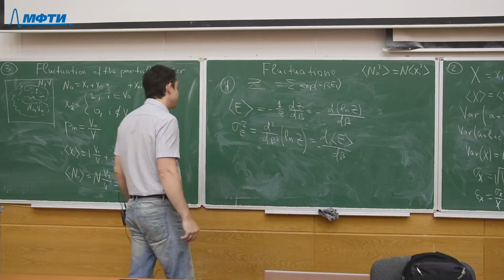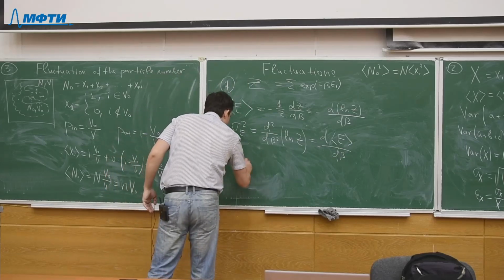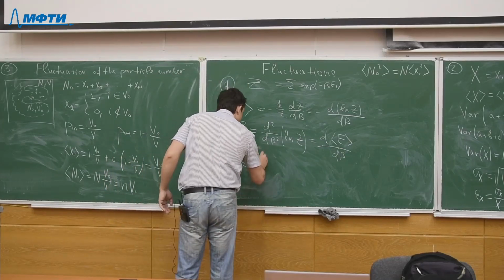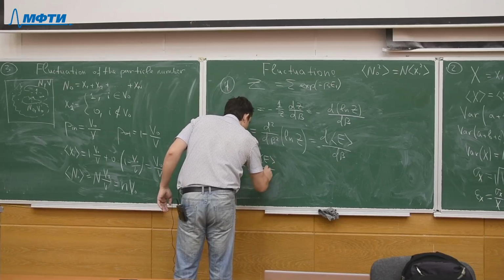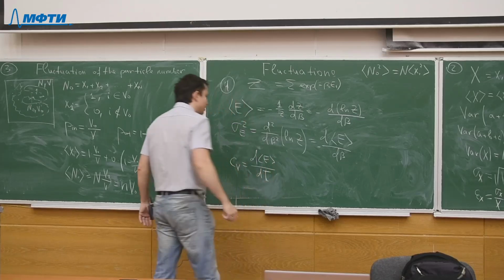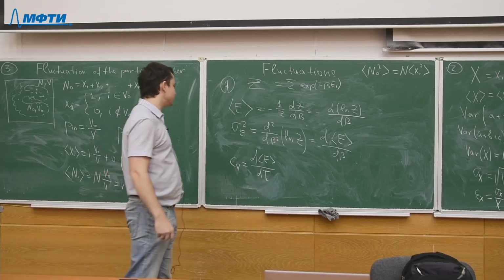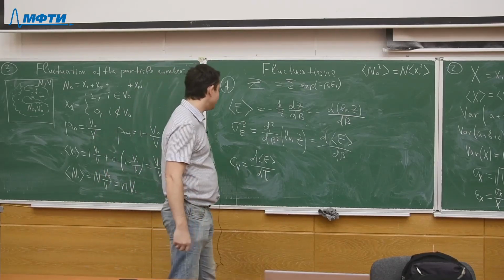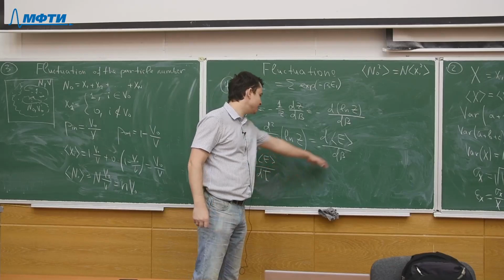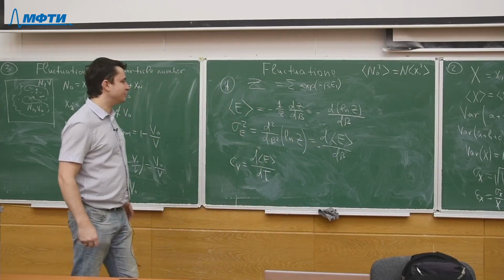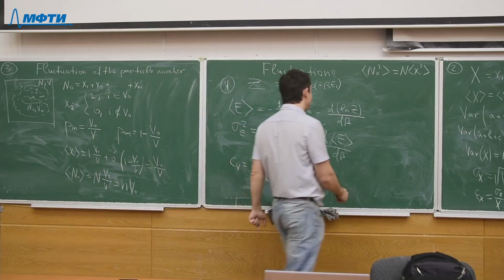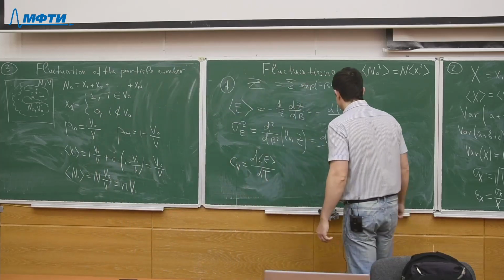And by definition, the derivative of energy over the temperature is the heat capacity. But as you see here, there are some differences, because here I have the derivative over the temperature, but here I have the derivative over some other variable beta, which is 1 over kBT. So I need to perform the variable transformation.